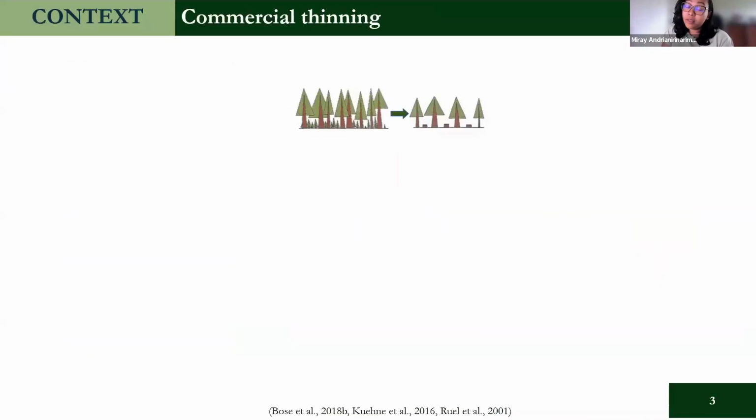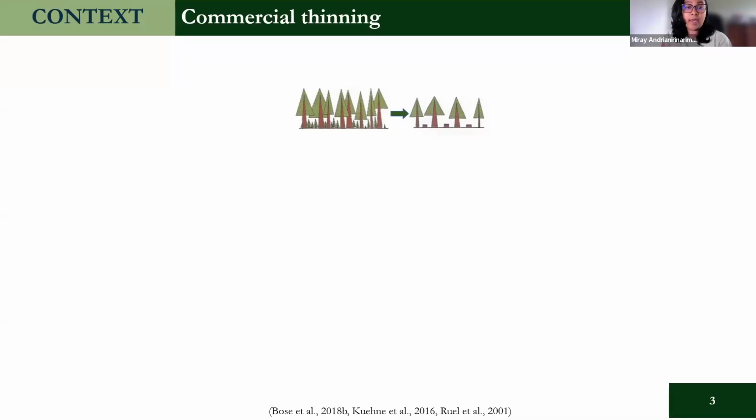I'm going to talk about commercial thinning, which is one of the most used silvicultural treatments to manage black spruce stands. In contrast to pre-commercial thinning, it is applied at the mature stage of the stands, and it consists of reducing the stand density.